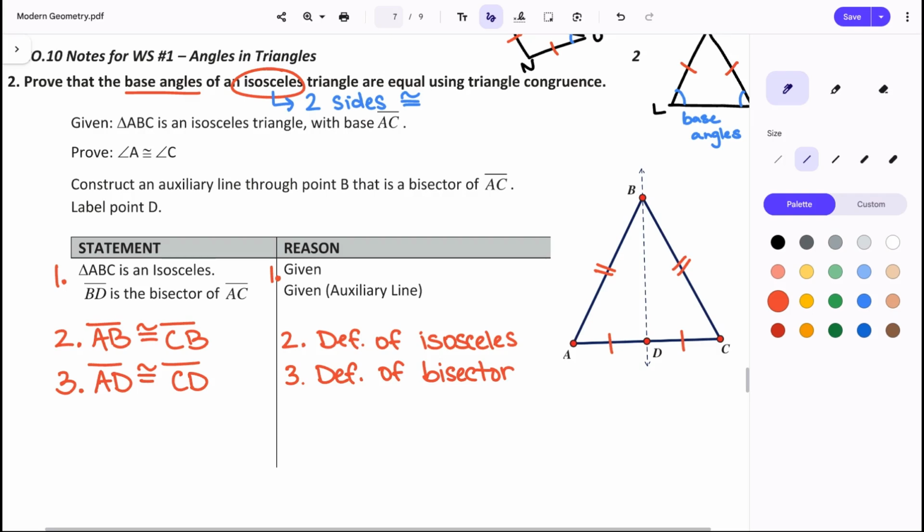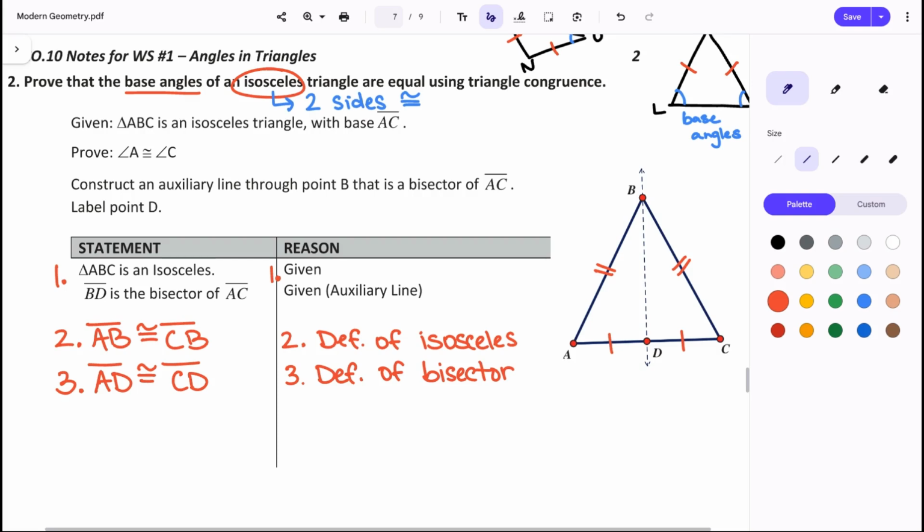Okay, I've used everything from my given. I talked about what it meant for it to be isosceles, and I talked about that line being a bisector. I'm not quite ready to say that these triangles are congruent yet because I don't have 3 things marked. I only have 2. Is there something else though in the picture you guys think we could add? Well, I don't, that's what we're trying to prove, is A and C. What do you guys see?